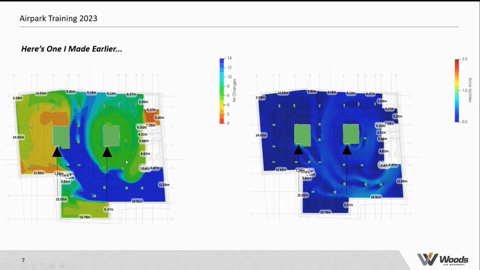Therefore, the job of the jet fans is to improve the overall system performance by distributing this fresh supply air around the car park, ensuring that in all areas you're getting greens and blues and better ventilation throughout the car park, with the idea to get rid of these worse orange and red areas to get an overall better system.